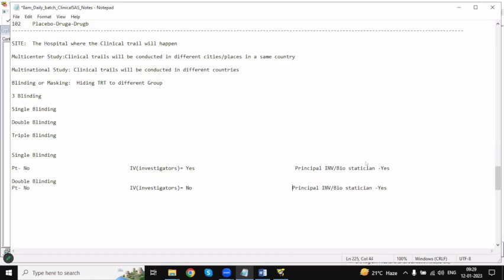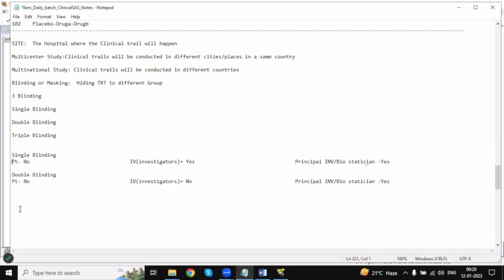Only the principal investigator has information on which drug is being taken. So we say no to two groups, so it's a double blinding. In a triple blinding, we say no to all three: patients, investigators, and the principal investigator also.